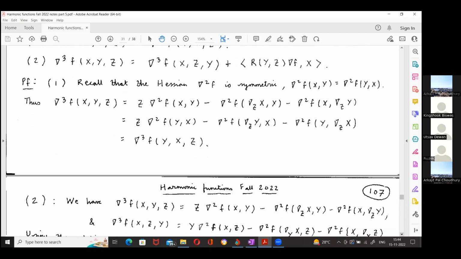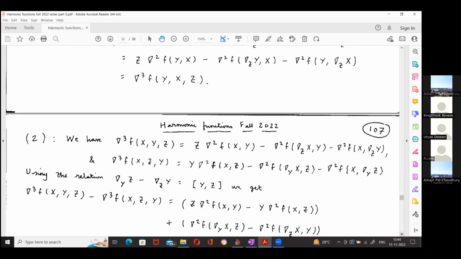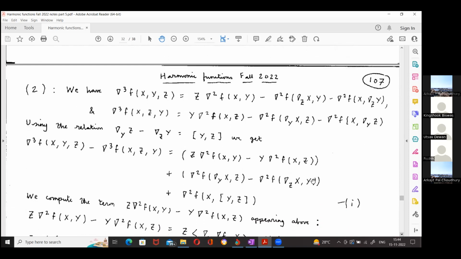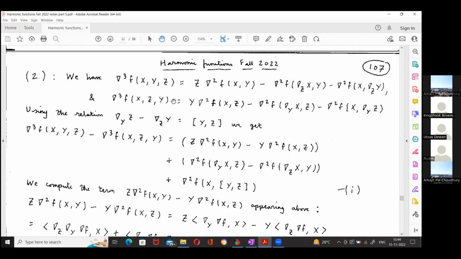Okay, so now let's come to the second equality. We write down first nabla cubed f of x, y, z. We have the formula for this from before, and also we have the formula, by definition, for nabla cubed f of x, z, y.